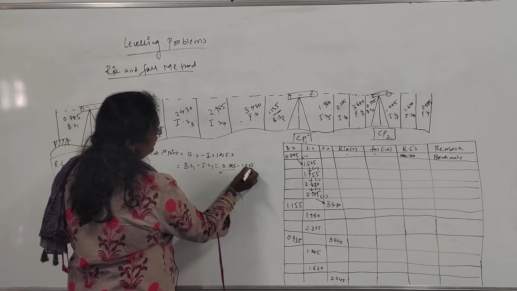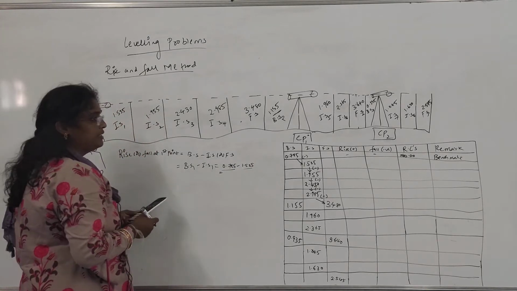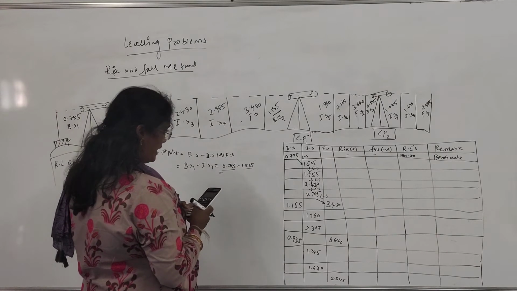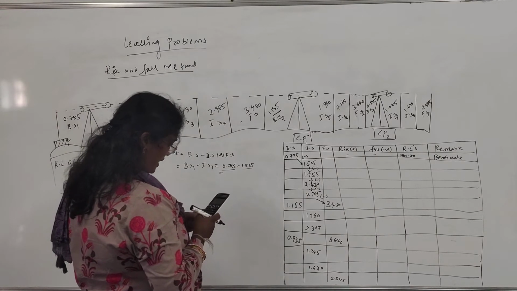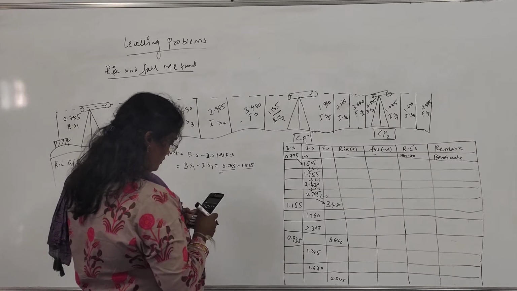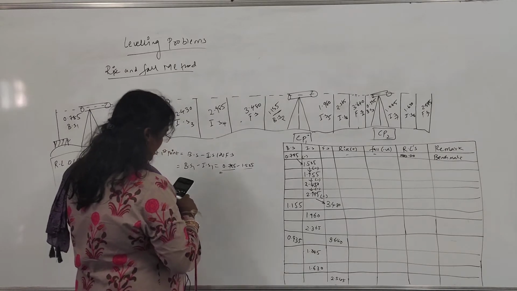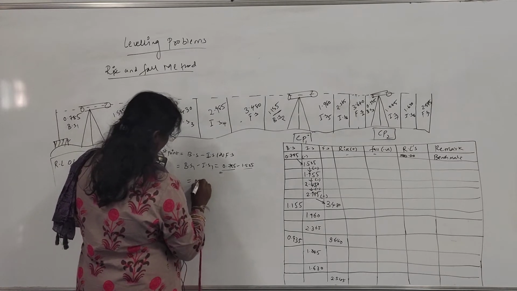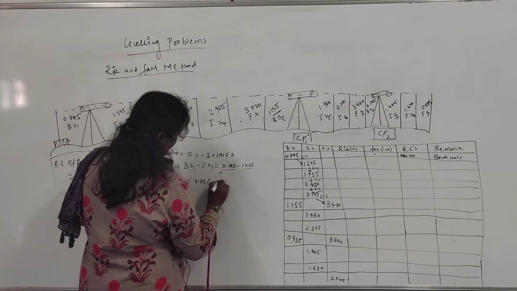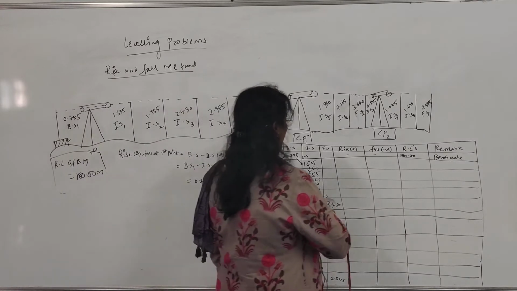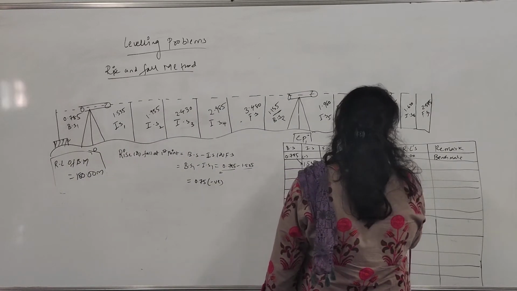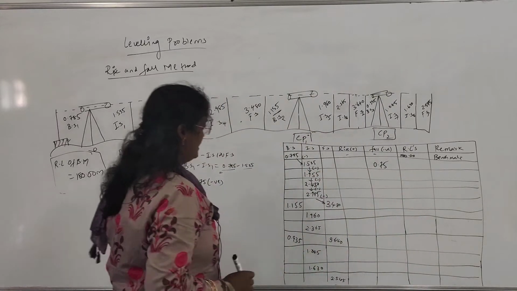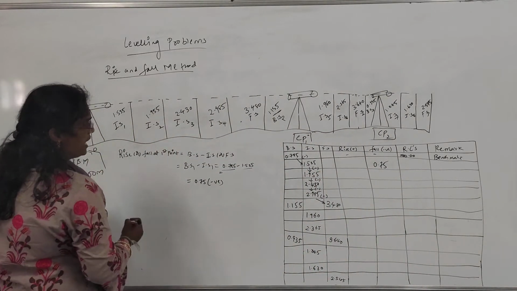Obviously this is the lower value, this is the higher value, so 0.785 minus 1.535 will give you what value? 0.75 negative. Negative means obviously it falls under the fall. 0.75, right?